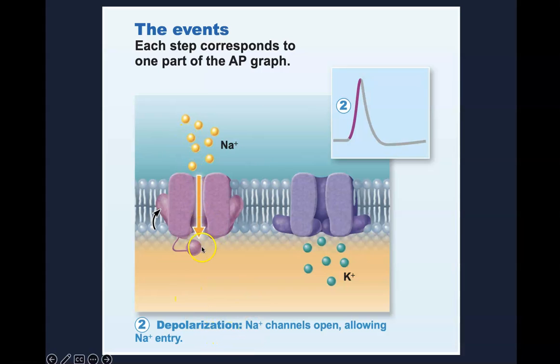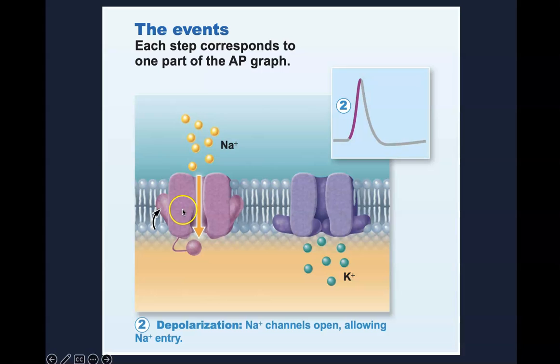So that's going to trigger, and these are going to be voltage gated channels now. Remember in our graded potentials, we were talking about ligand gated or chemical gated channels and mechanical gated channels, right? But here in the axon, these are voltage gated channels. And so now that change in membrane potential from negative 70 to negative 55 millivolts is what's triggering these neighboring sodium channels to open.